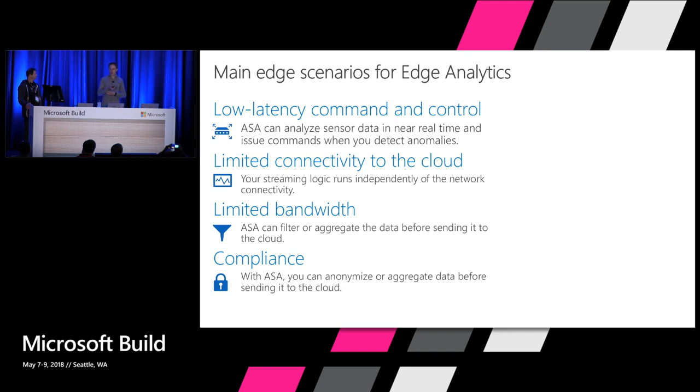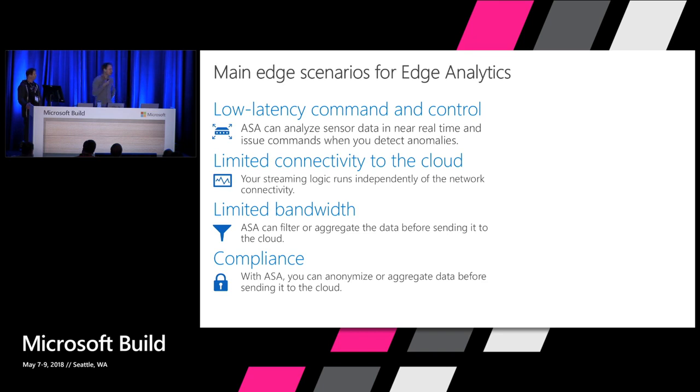Also in case of limited connectivity to the cloud. You can be on an offshore rig, on a boat, on a connected car. You don't want your analytics and your alerting to stop whenever you go into a tunnel or offline. So you want this analytics to continue wherever you are. Similarly, if you are on an offshore rig on a boat, you probably don't have a 5G connection.